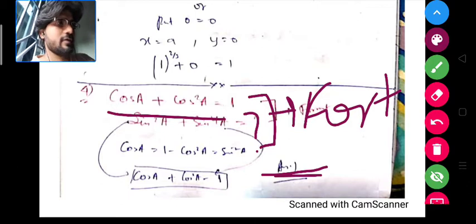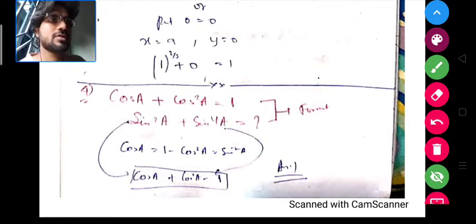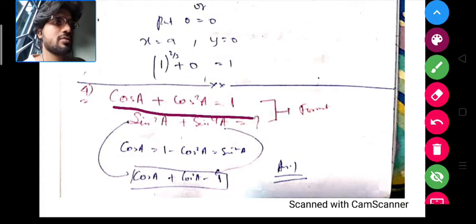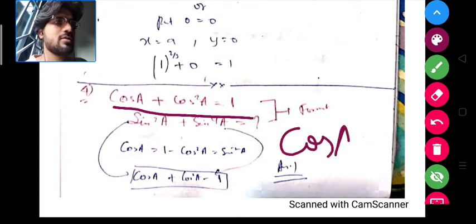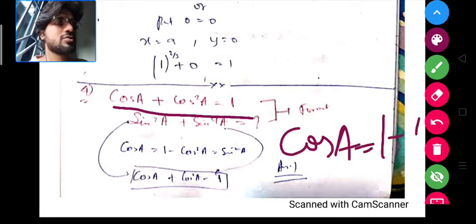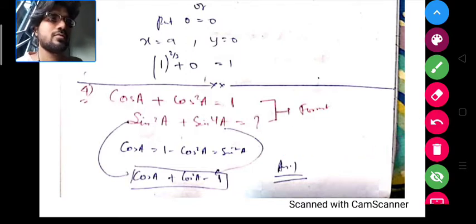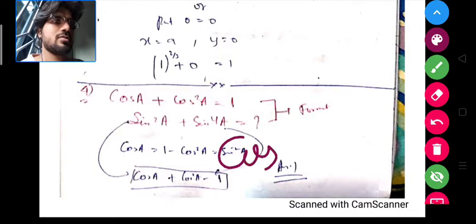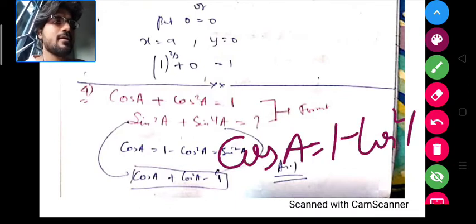But let's solve it. Cos a plus cos square a is equal to 1, therefore cos a is equal to 1 minus cos square a. But this is according to the question.